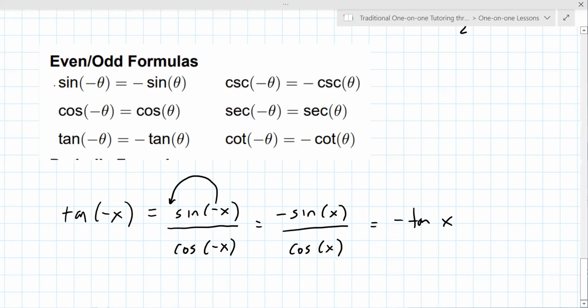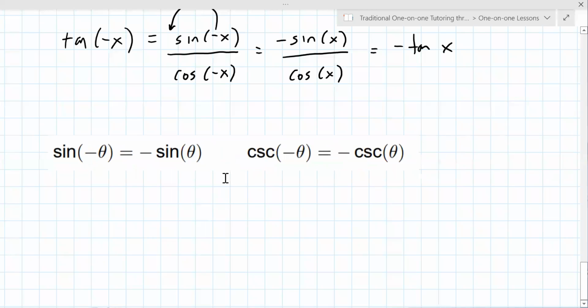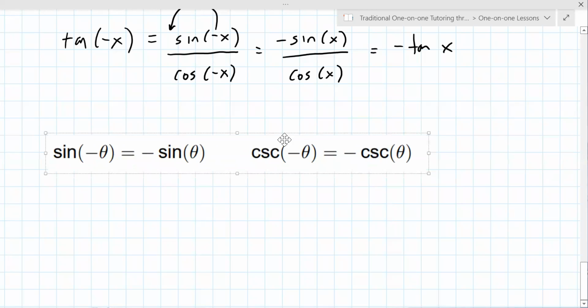So there are some similarities between sine and tangent. Now what I want to address is why cosecant is the way it is, which is like sine, because you really only need to know sine and cosine to do the rest of them. Once you know one, it leads to the other. So the cosecant of minus theta, cosecant is really 1 over the sine of minus theta.